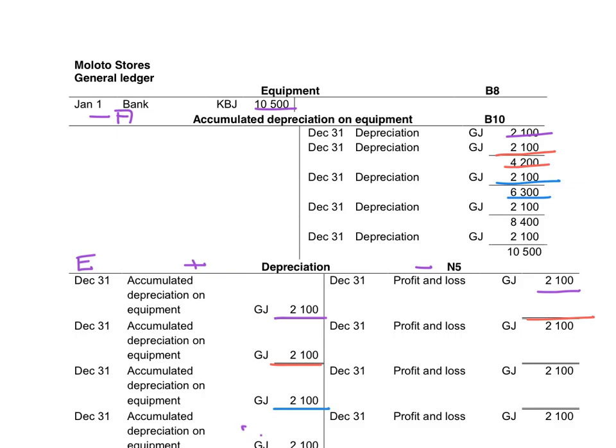So that is what we do every year. We calculate the depreciation, debit depreciation to increase the expense, and credit accumulated depreciation so that this amount can accumulate every year until the total accumulated depreciation is equal to the cost price.